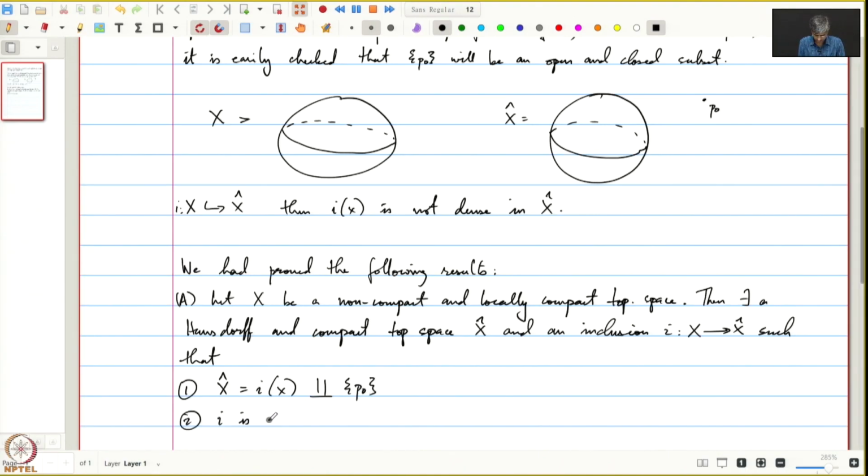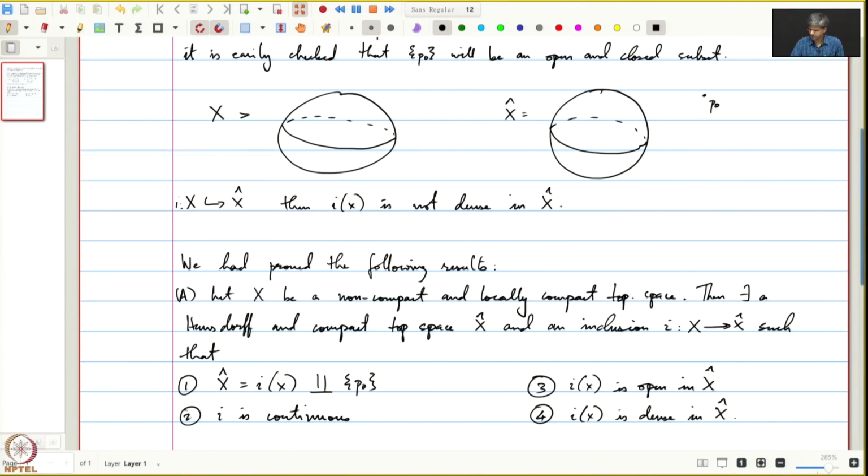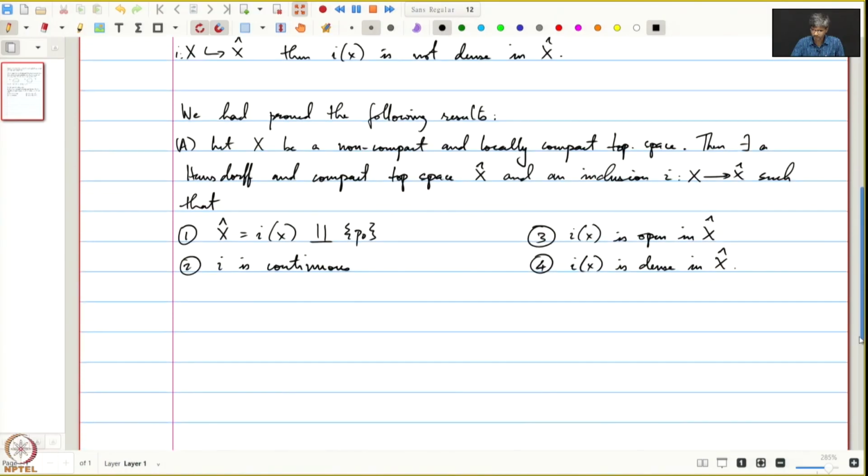Two, I is continuous. Three, I of X is open in X hat, and four, I of X is dense in X hat. Right? So if X is already compact, then everything else will happen, only the fourth condition will fail.